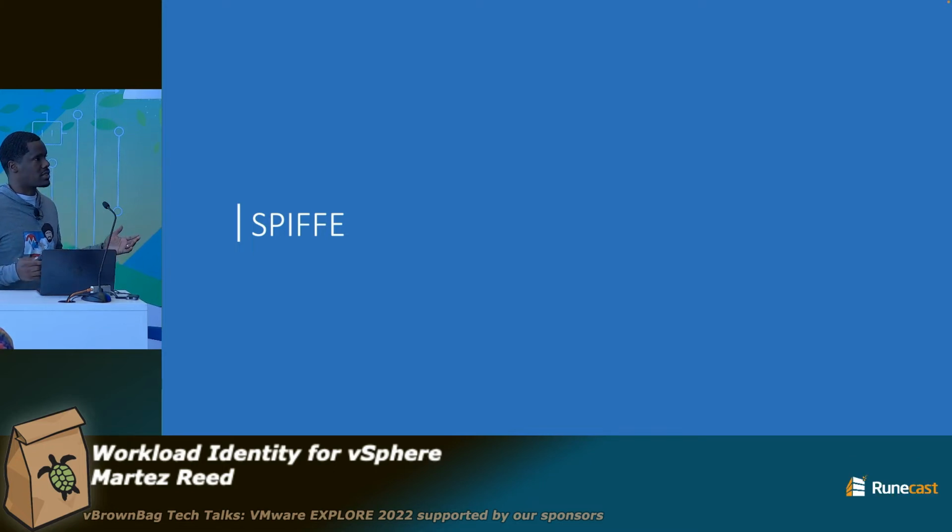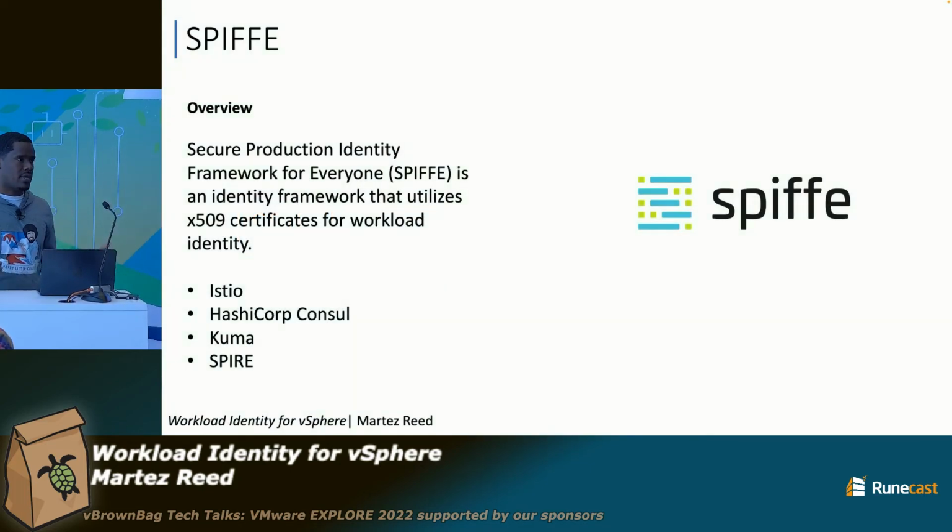So one of the projects or solutions that provides some of that framework capability is a project called SPIFFE. SPIFFE is really a framework that provides an identity mechanism by which we can start to authenticate workloads to other workloads or to services.